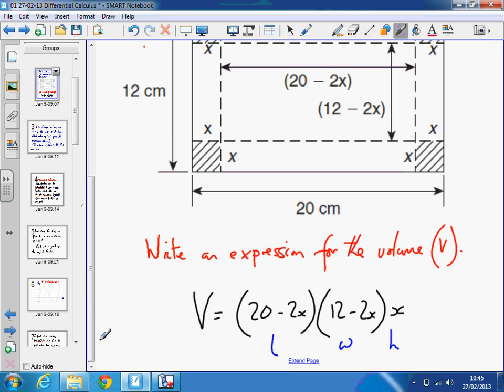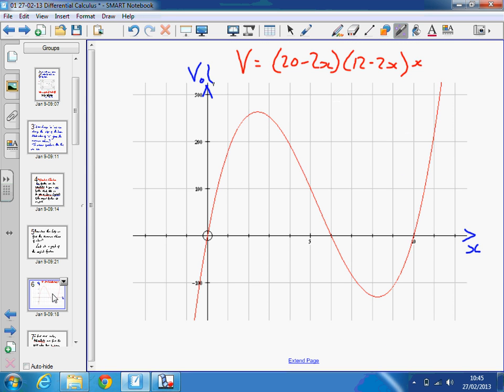And then you're at the halfway point on that piece of metal. So if we look at the graph, where does it cut? At 6, because that's halfway.